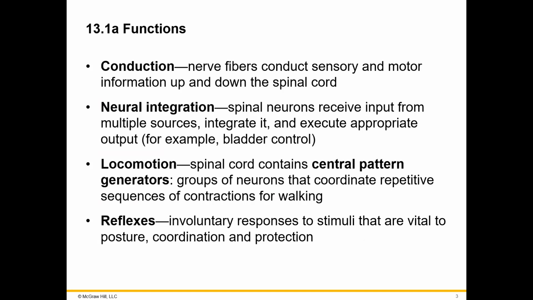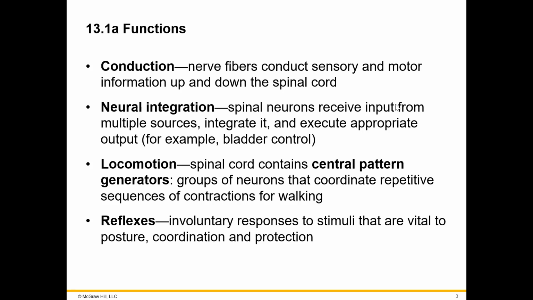These nerve fibers bring in input from your somatic and your visceral organs to this control and integration center for processing, and then an output is going to be generated. So there is neural integration. Neural integration is the process of the control and the processing and the integration where you would have interneurons.